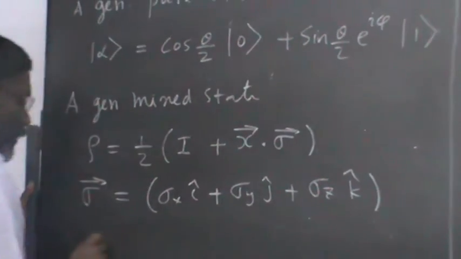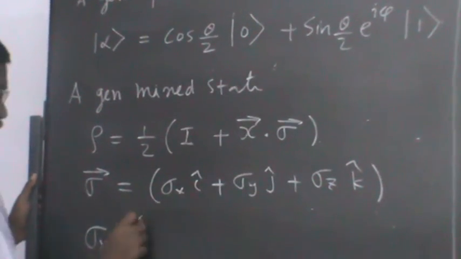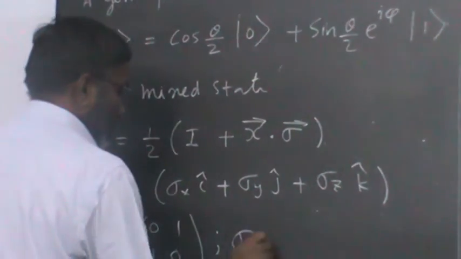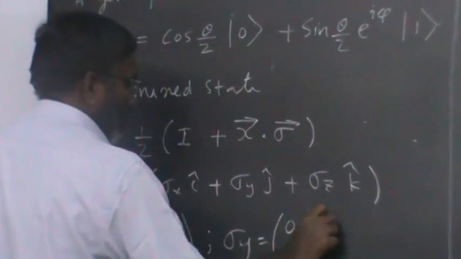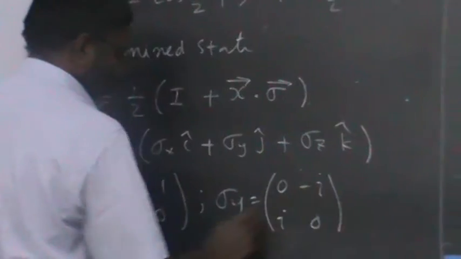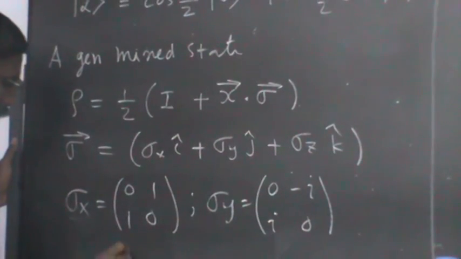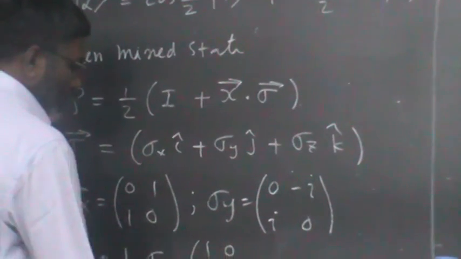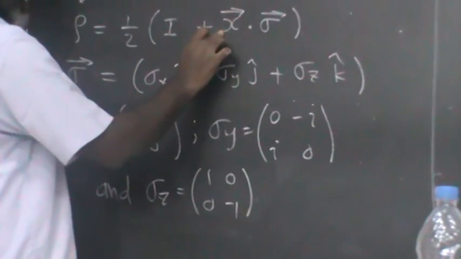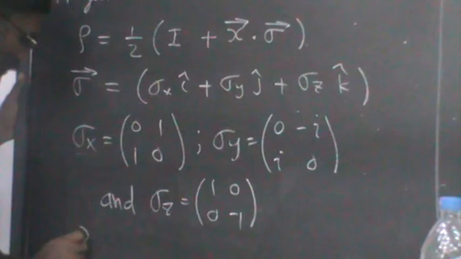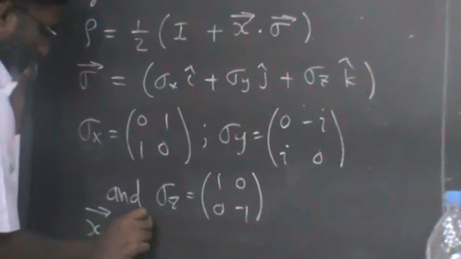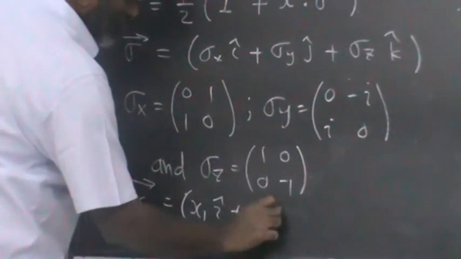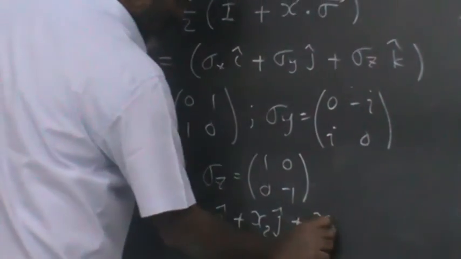Then sigma x, sigma y, sigma z are the Pauli matrices. And sigma z is equal to the matrix with entries 1, 0, 0, minus 1. This x is an arbitrary vector, and x is equal to x1 i plus x2 j plus x3 k.